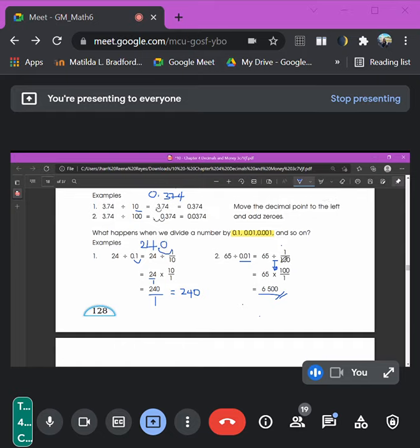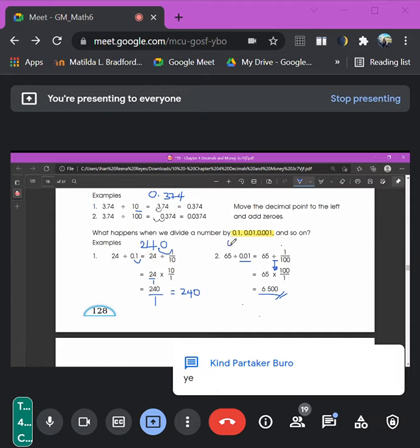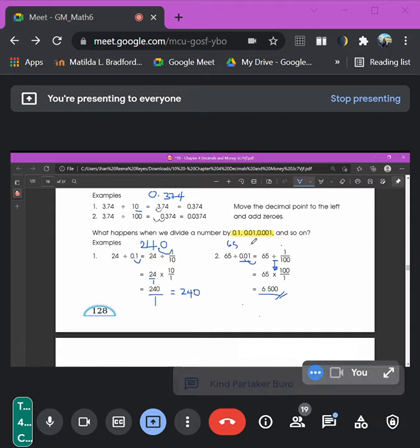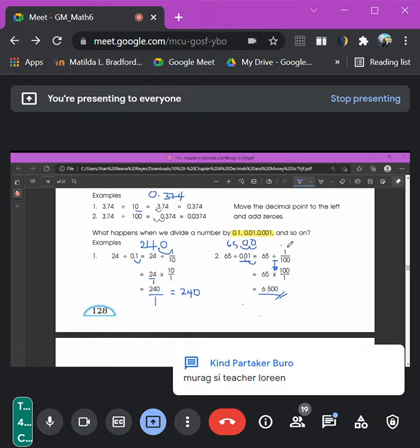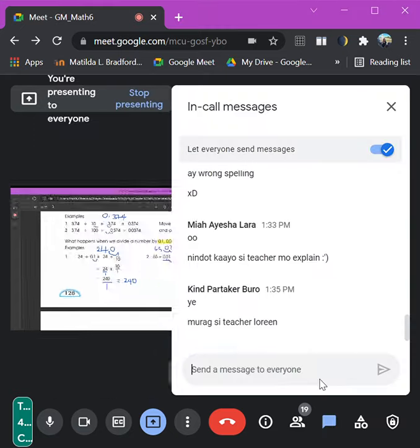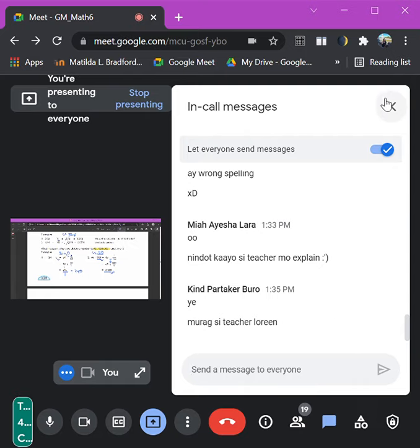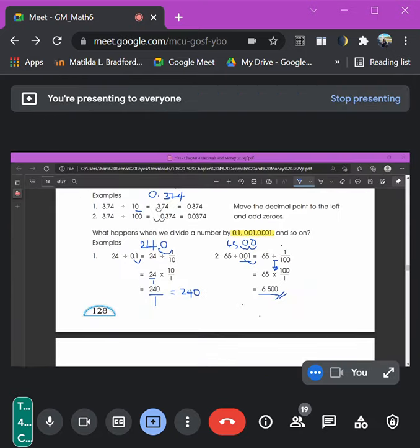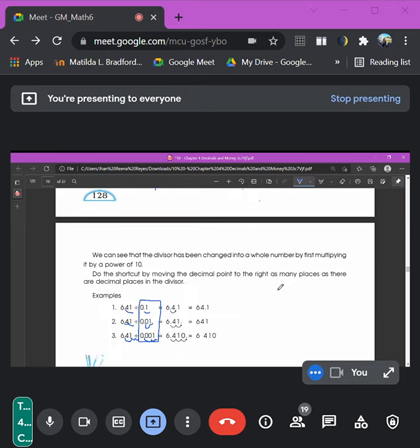And then this one, we have 65, and the places here are 1, 2. So you move 2 places. 1, 2. So you have 6,500. That is the shortcut way. Okay? So far, any questions on this example?